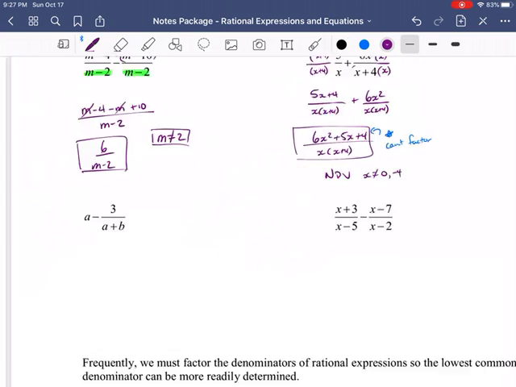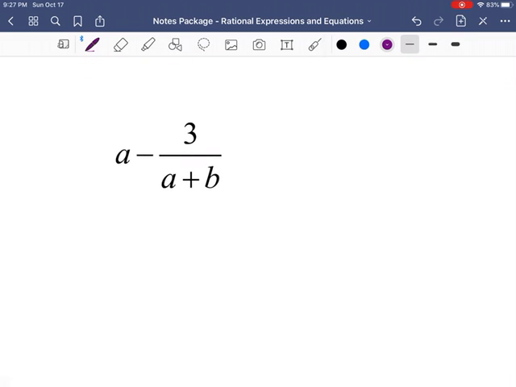All right. Let's try another one here. This one's a little sneaky. The common denominator here is actually a plus b. A is the same as a over 1. So if we're subtracting these two, you're going to have to multiply this term by a plus b. Okay?